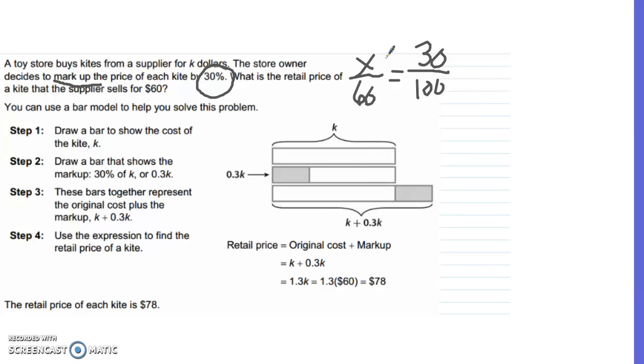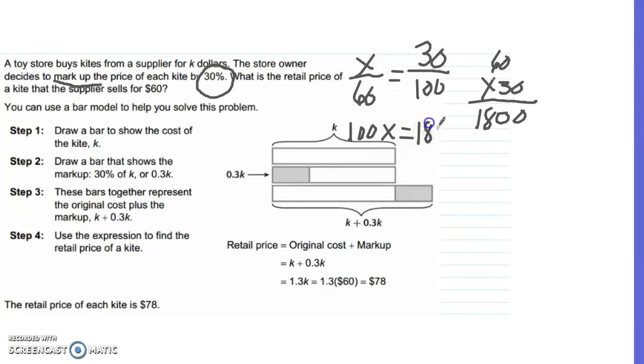Well, the way that I do that is I do the cross product rule. So I'm going to do 60 times 30. And I got 1,800. Well, then I have to divide by 100.